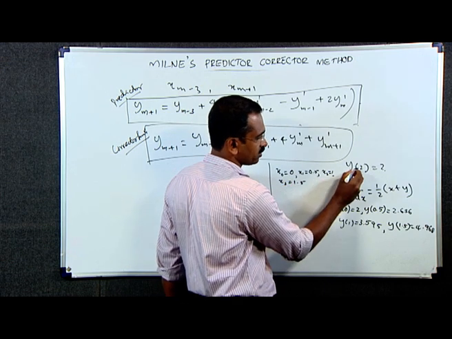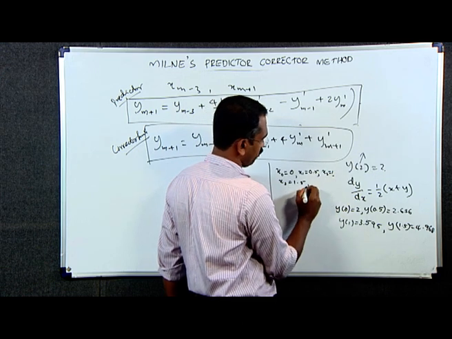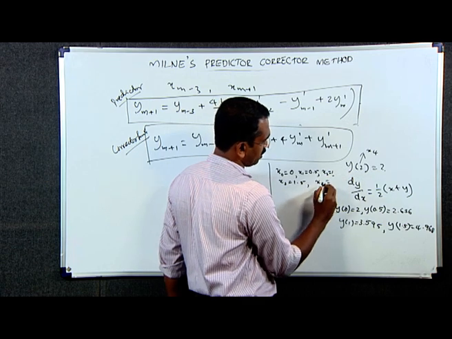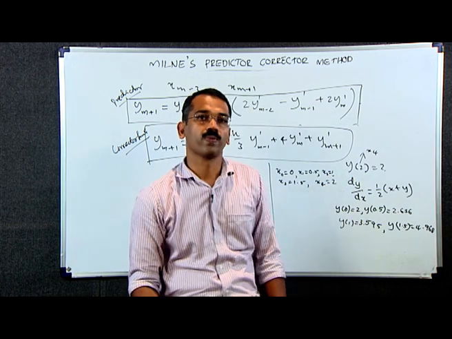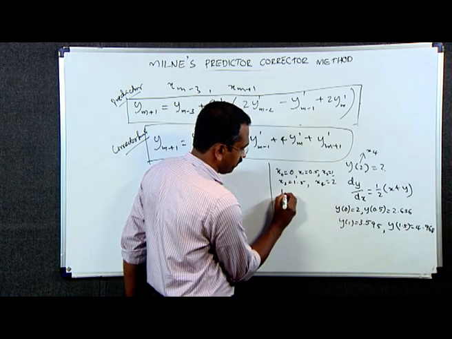We want to evaluate y of 2, we take this 2 as x4, x4 is equal to 2. h is taken as 0.5.